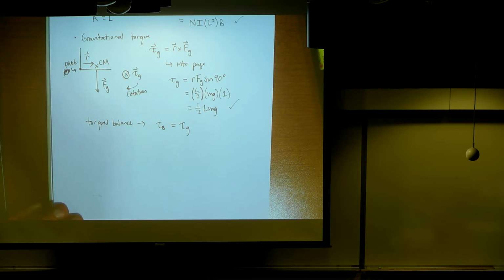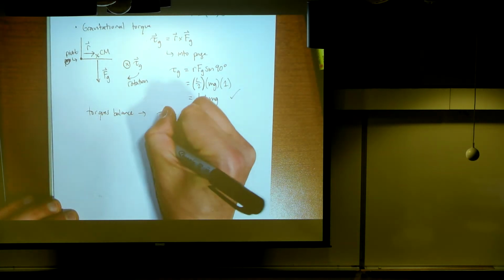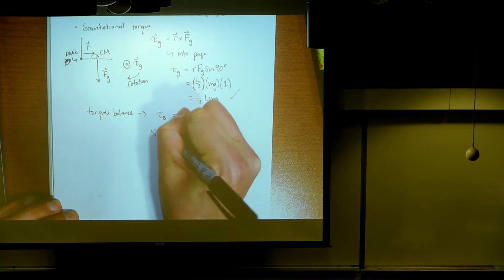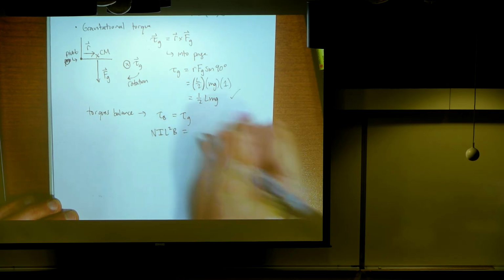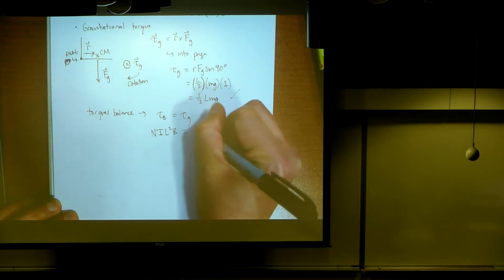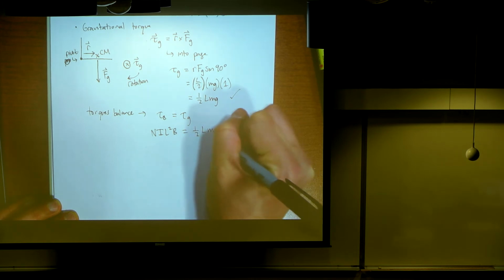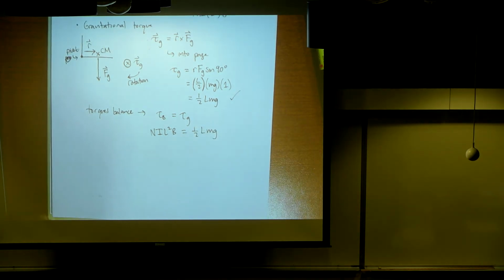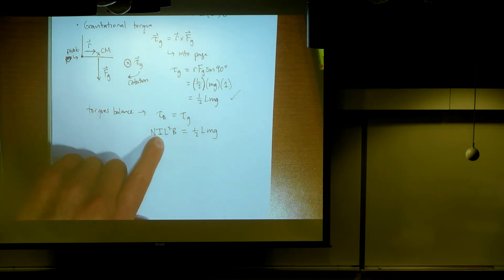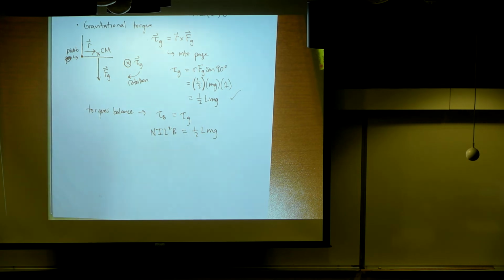So let's just plug in what we know. For tau b, we have niL squared B. For tau g, we have half L mg. What were we trying to solve for in the first place? The current, right? We're trying to say how much current it's going to take to get this to balance out.